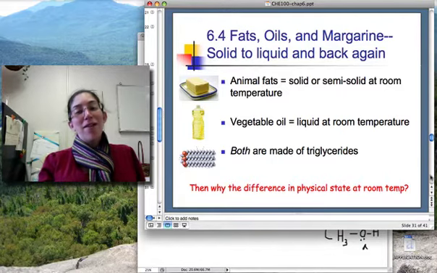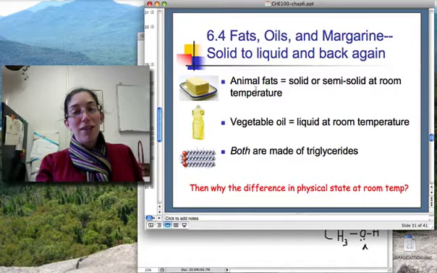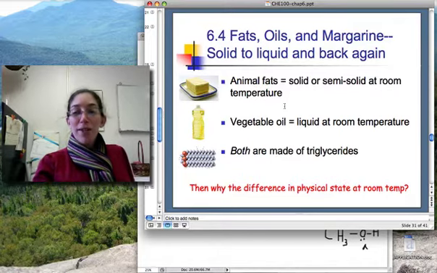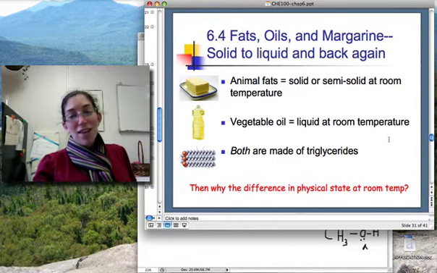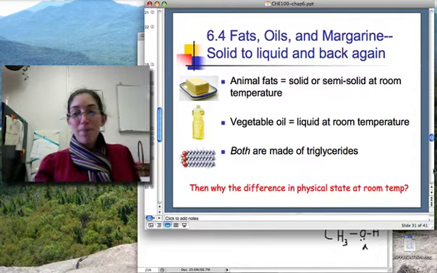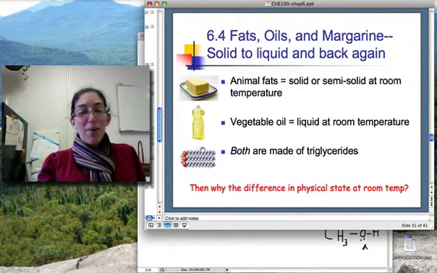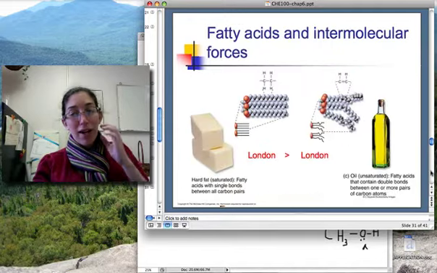We talked about saturated fats, unsaturated fats, trans fats, and saturated fats or animal fats being solid or semi-solid at room temperature, and how oils, unsaturated fats, are liquid at room temperature, and both of them are made of triglycerides. So why are they different? Why is one solid and one liquid at room temp if they are both made up of triglycerides?